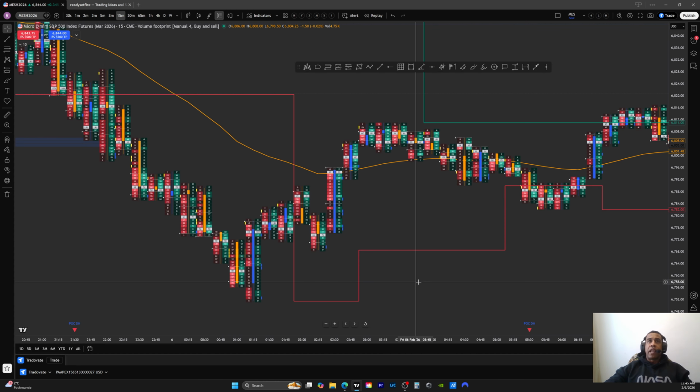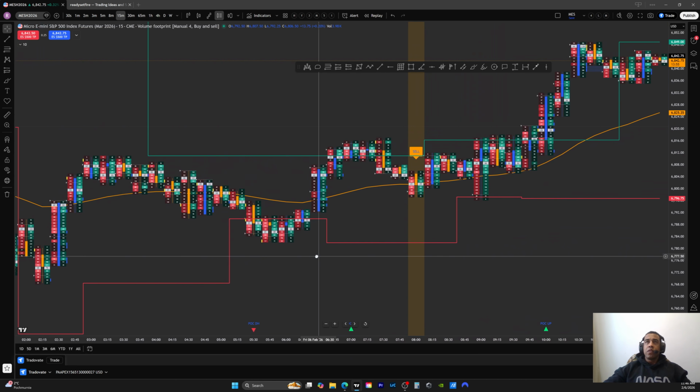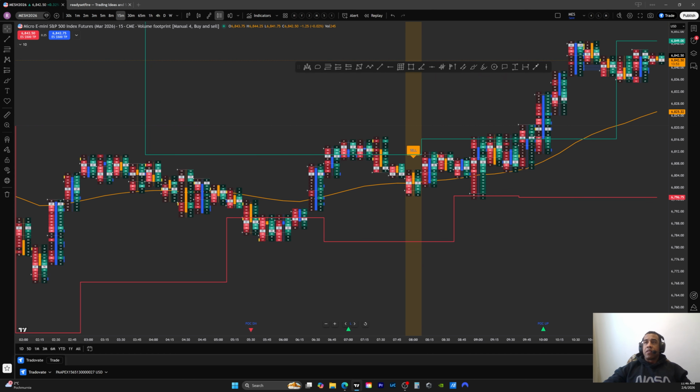Another thing, I don't have an indicator for this, but another entry that I use is price acceptance using the volume footprint chart. I'm gonna try to find an example over here, like over here, okay?